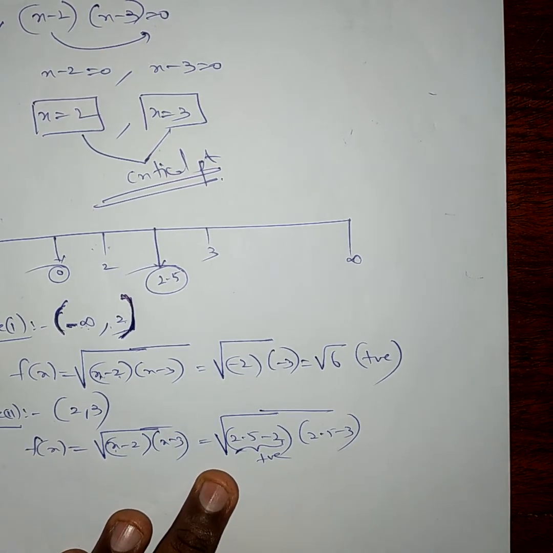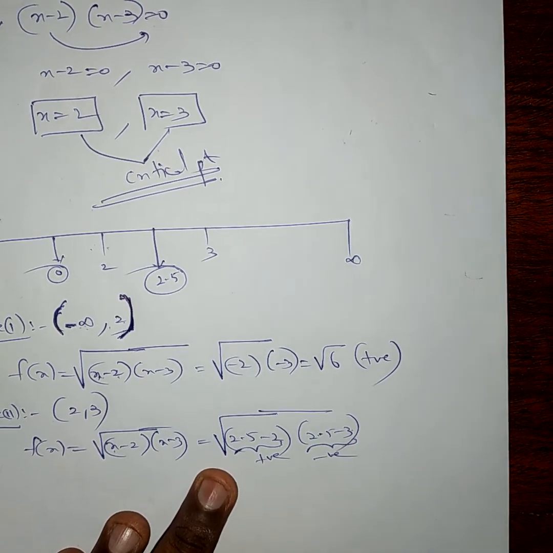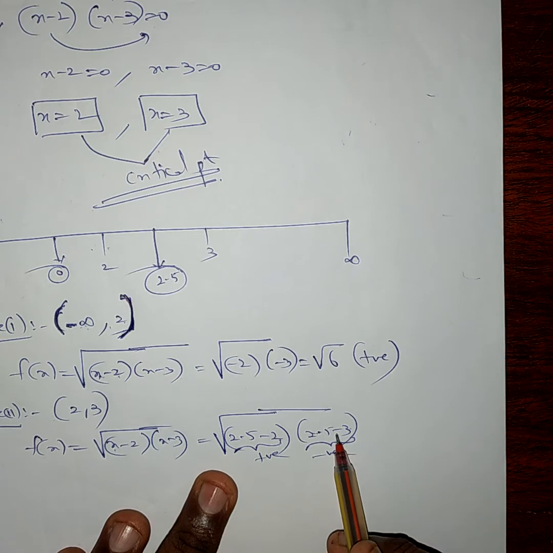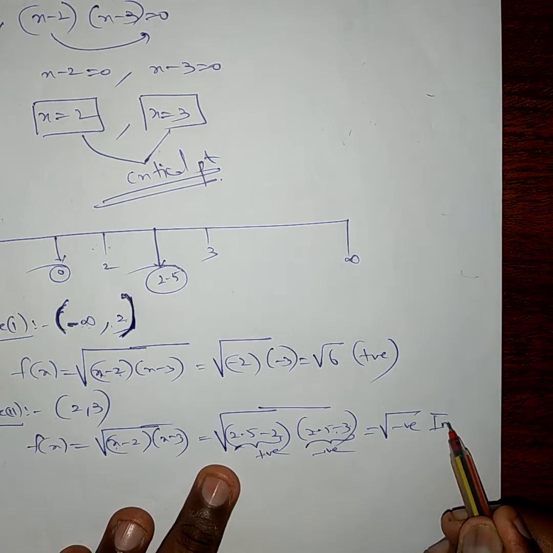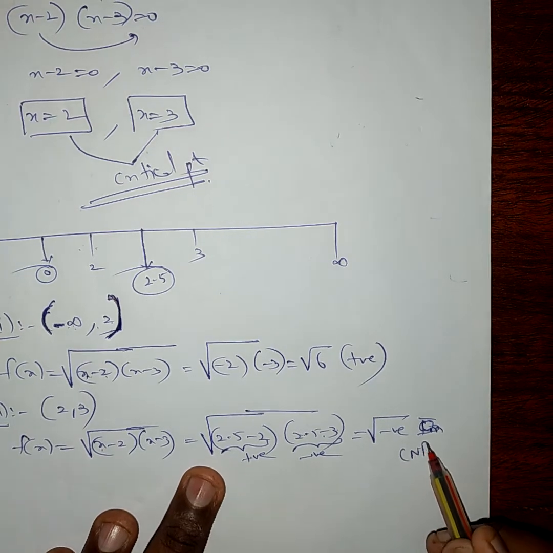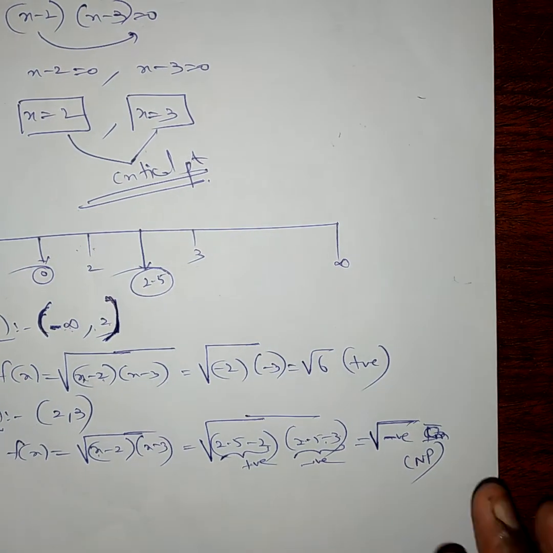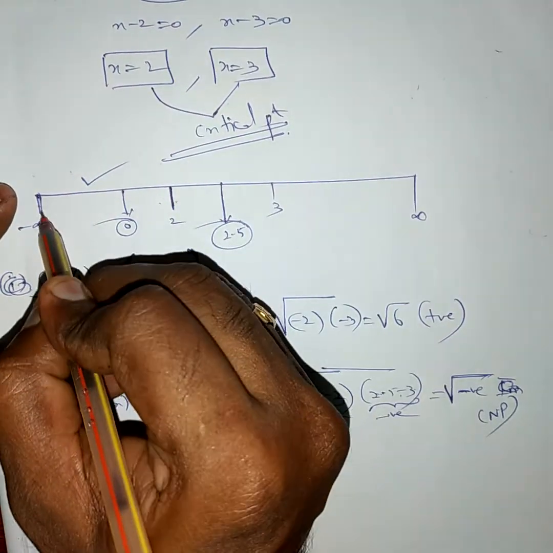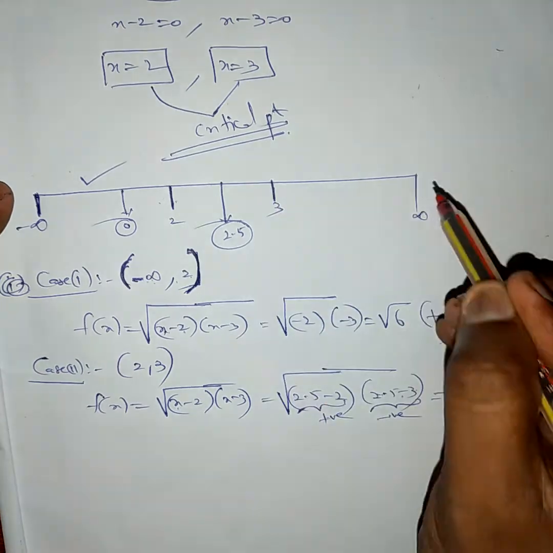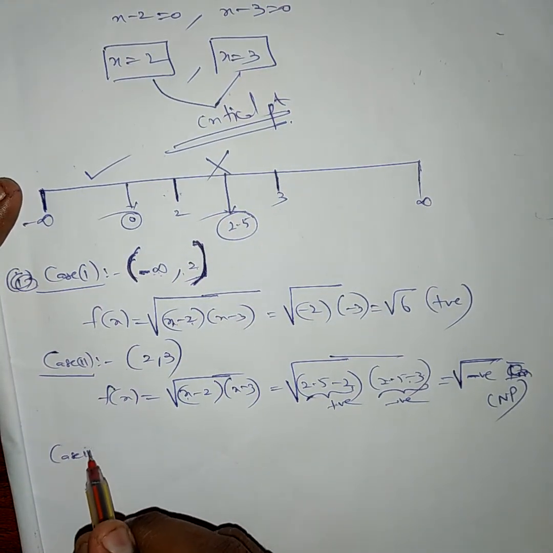I don't need the actual values; I only want to know whether it is positive or negative. 2.5 minus 3 gives a negative value. So positive into negative is negative, which is impossible, since a negative should not come inside a square root. So this is not possible. Next, case 3.